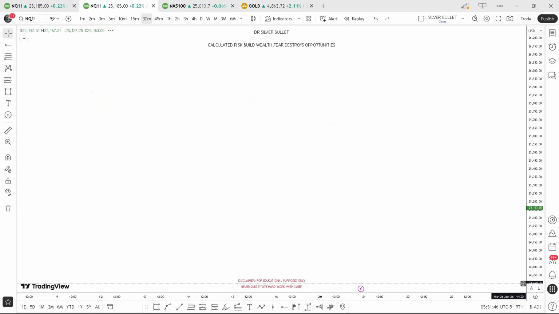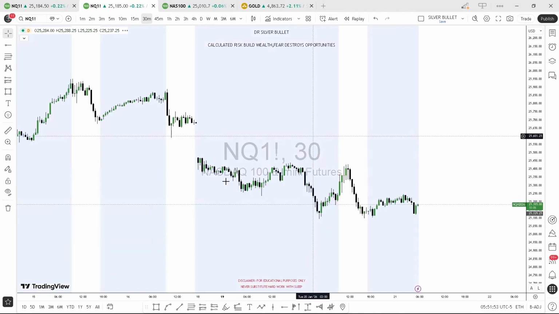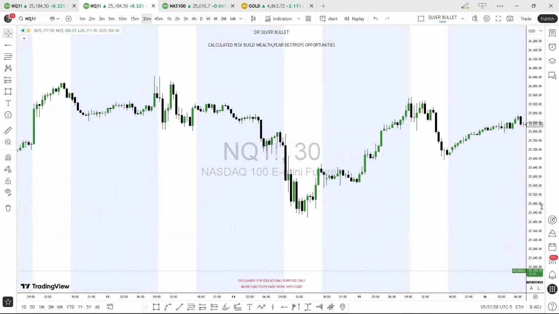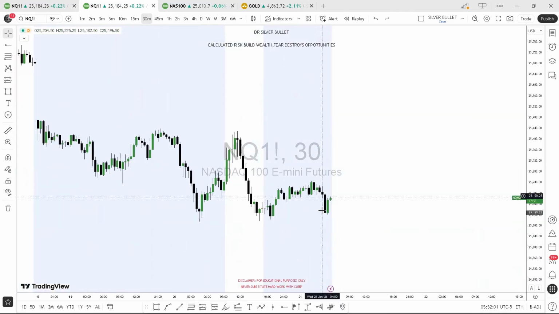Then we have what we call electronic trading hours. This is the continuous chart that you have. It doesn't have any break. As you can see now, the market is moving while regular trading hours is closed.